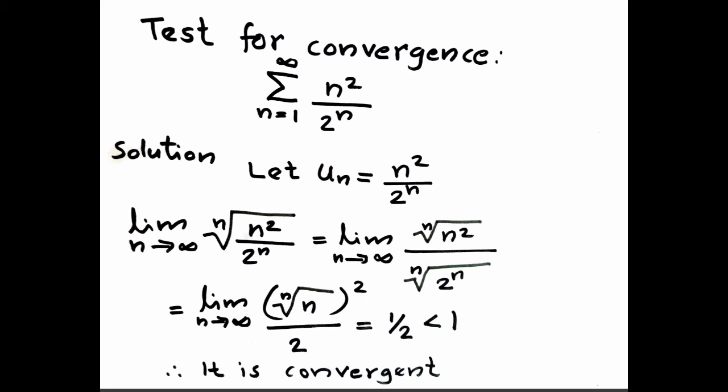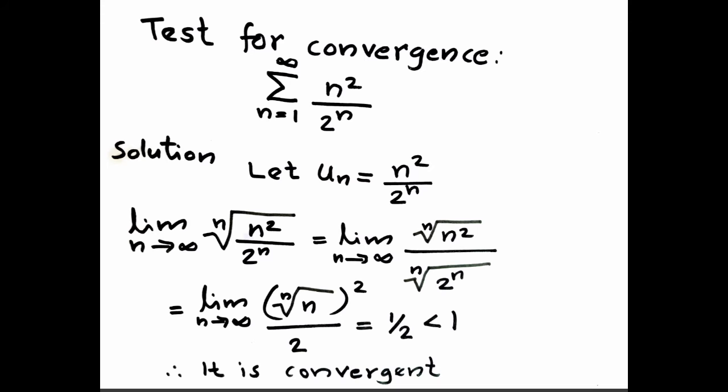Our next question is, test for convergence sigma n equal to 1 to infinity n square divided by 2 raised to n. Solution: let un equal to n square divided by 2 raised to n.